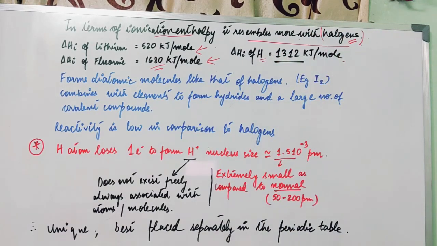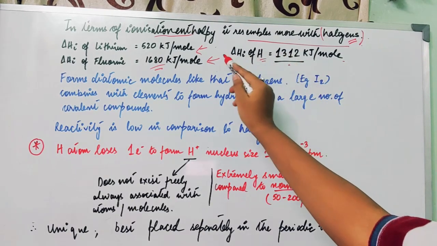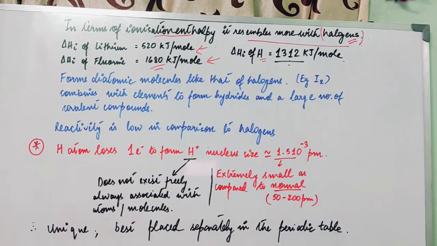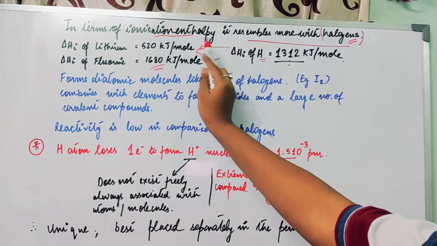So this is quite high, but quite low with respect to fluorine, which is a halogen. So approximately a difference of 500 with this.